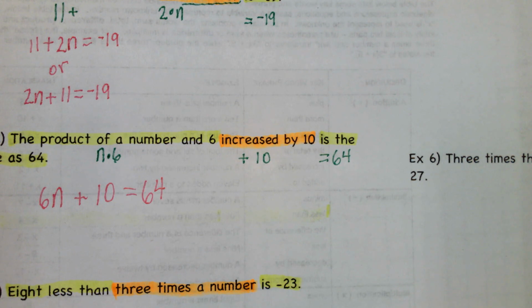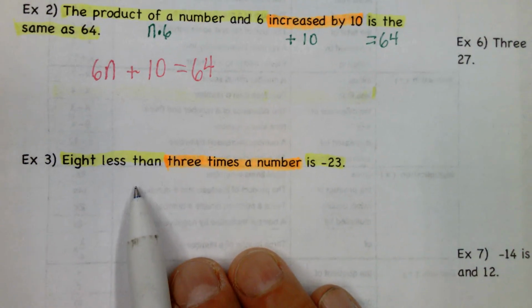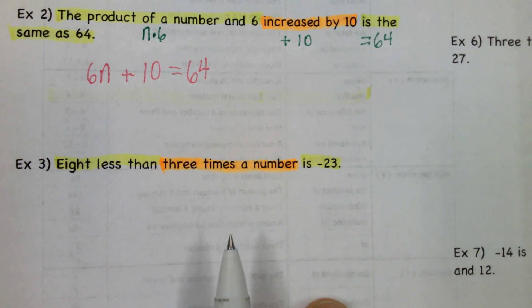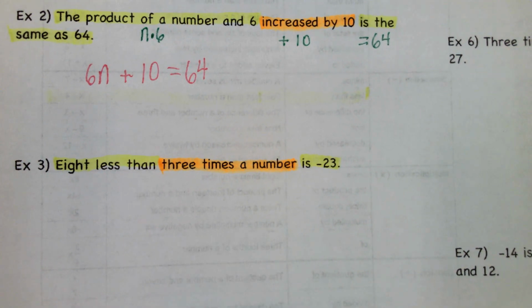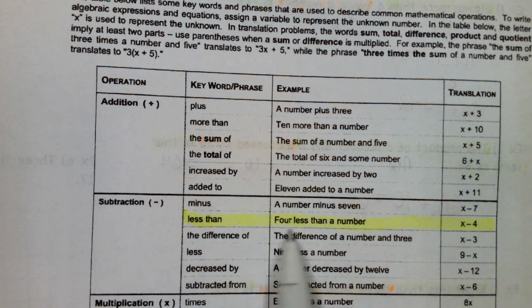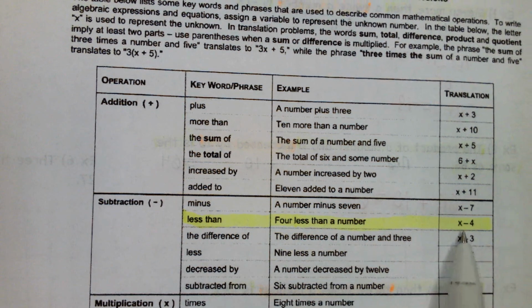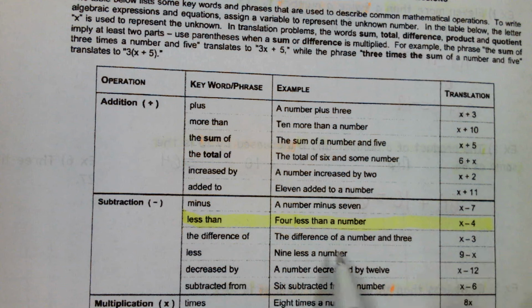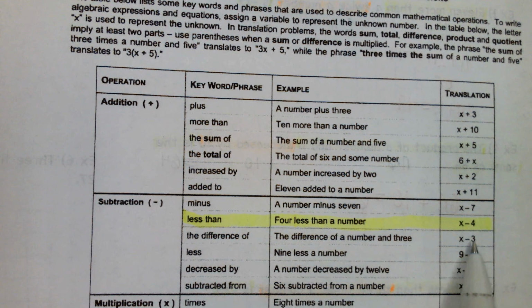Now, let's see what these things mean. 8 less than. What does that tell me to do? Subtract. What am I subtracting? It's telling us to minus or negative 8. Let's go to the one I asked you to highlight, less than. 4 less than a number meant minus 4, right? Even though 4 came before less than, it means take away 4.